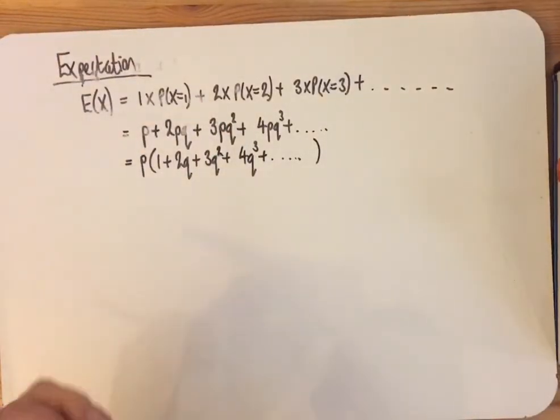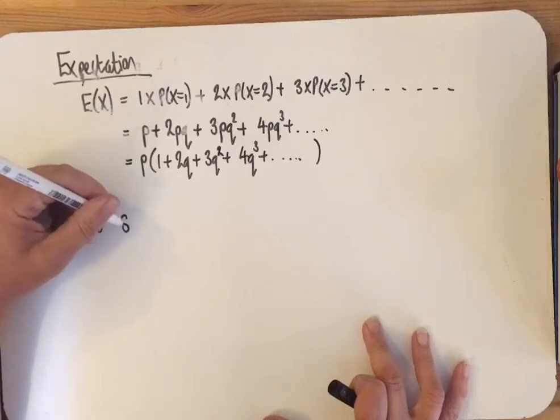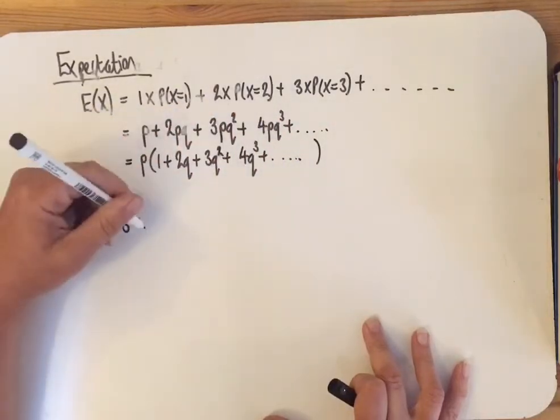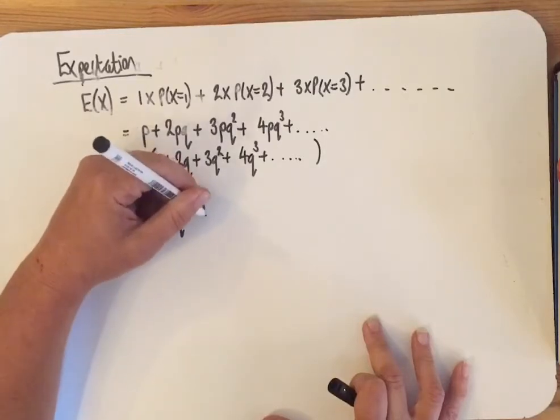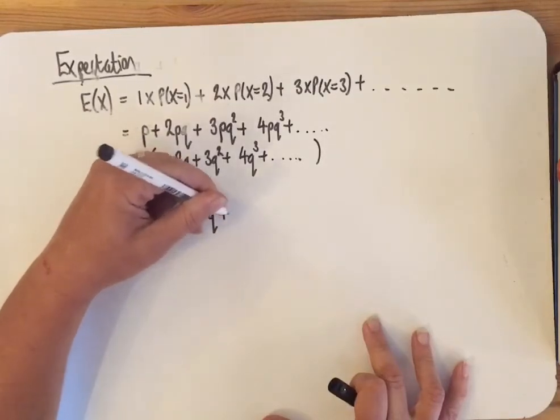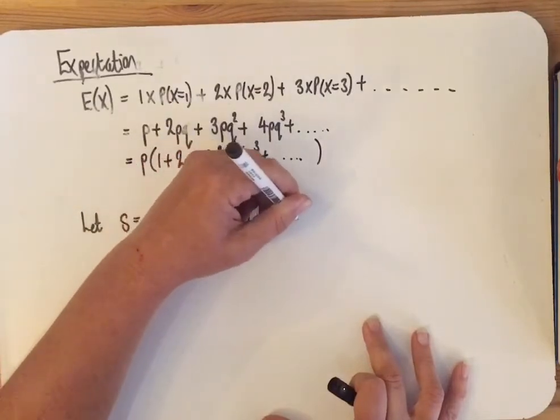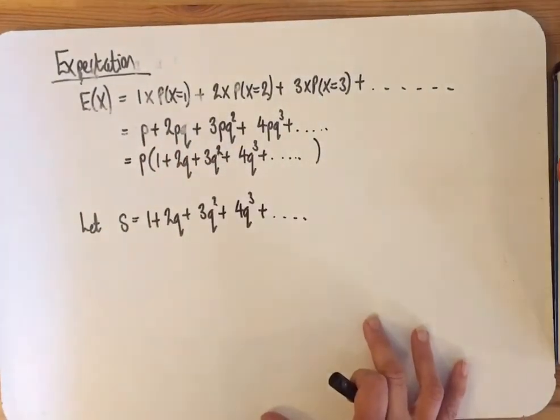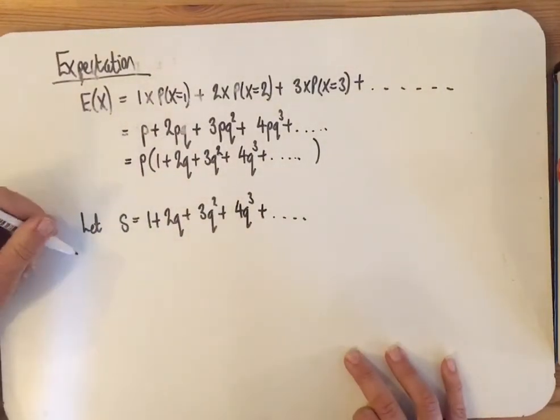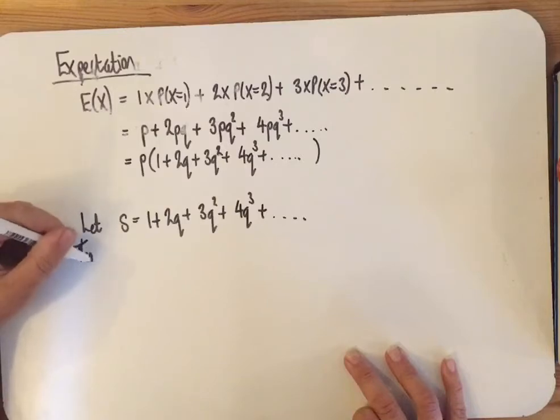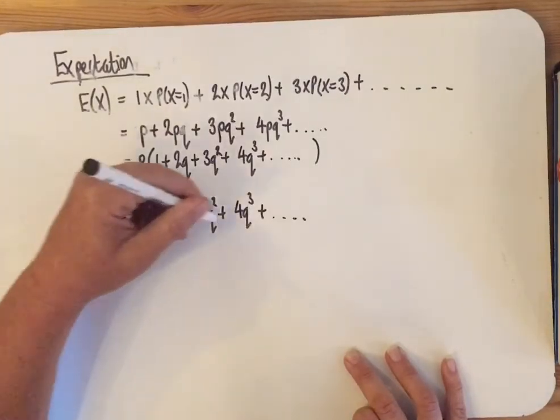There. And if I let S equal the expression in the bracket, then this little proof is a bit like proving the sum of a geometric series. I'm going to times S by q, so I'm literally just timesing through by q.